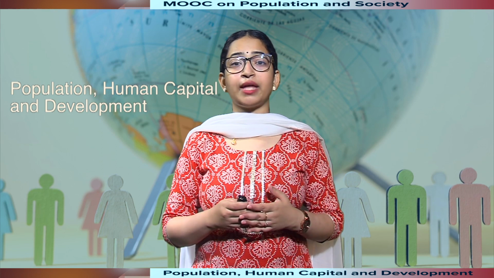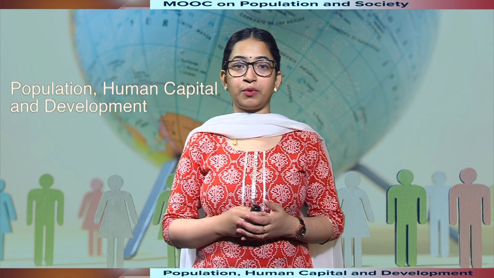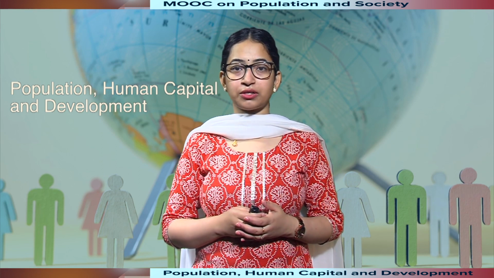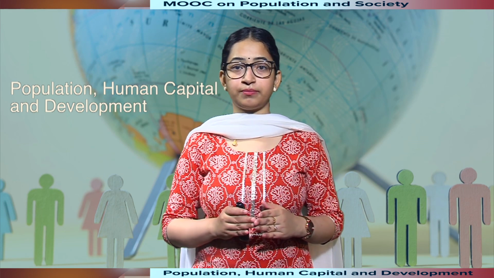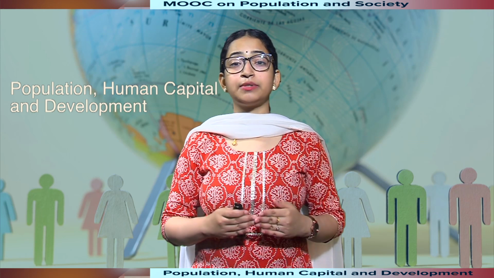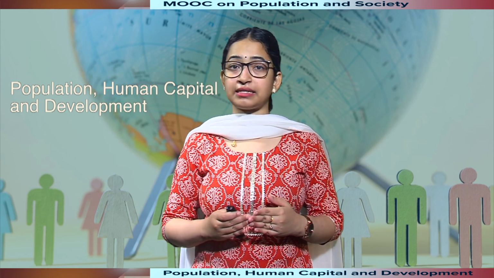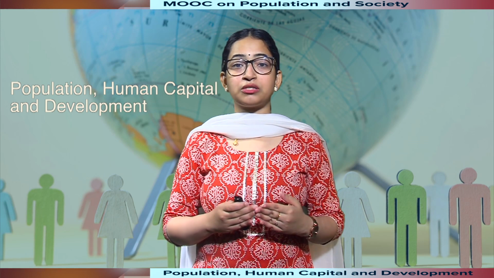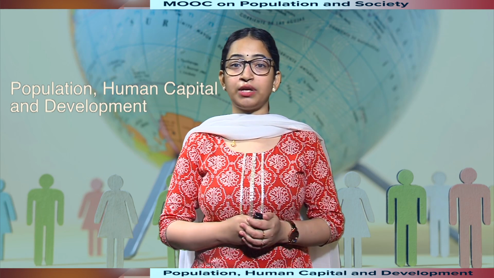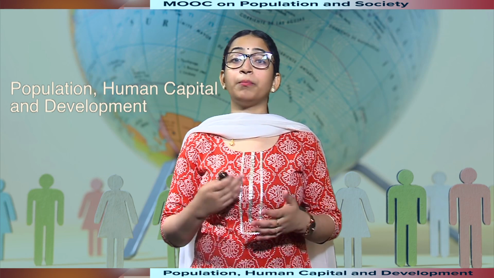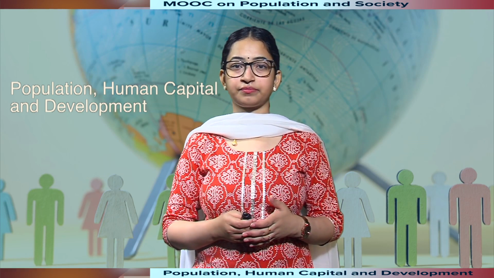In spite of the fact that a large section of the population is engaged in agriculture, people do not even get the minimum subsistence level of food. Even if self-sufficiency in food production is attained, due to improper distribution, individuals do not get sufficient food and nutrition to maintain good health.